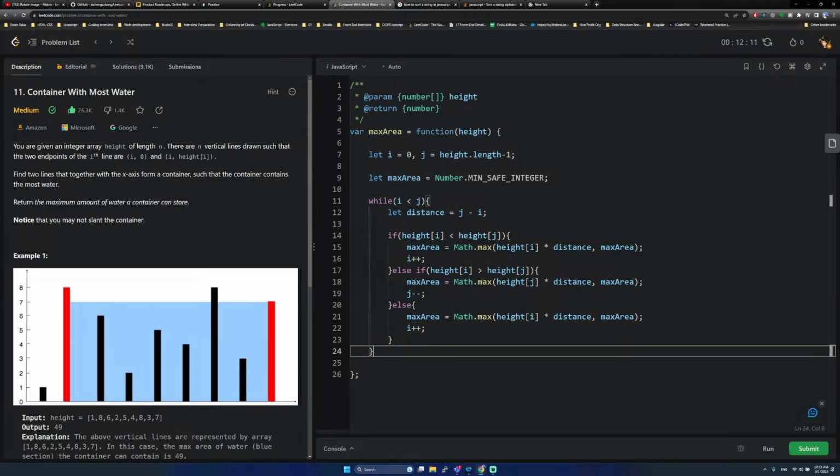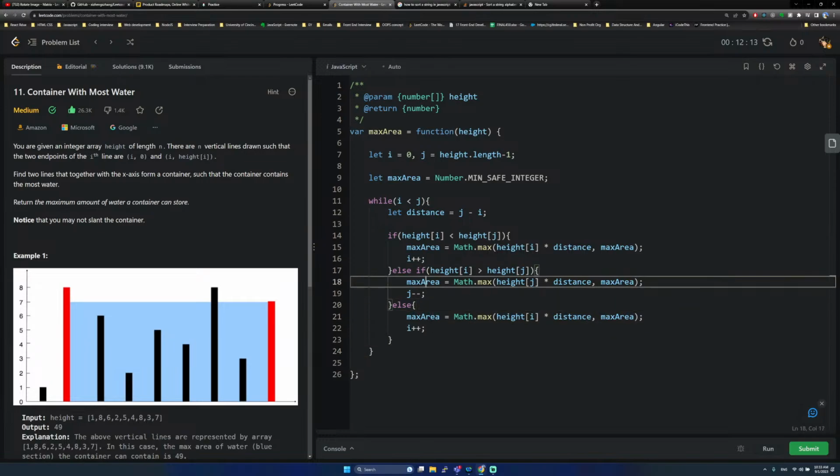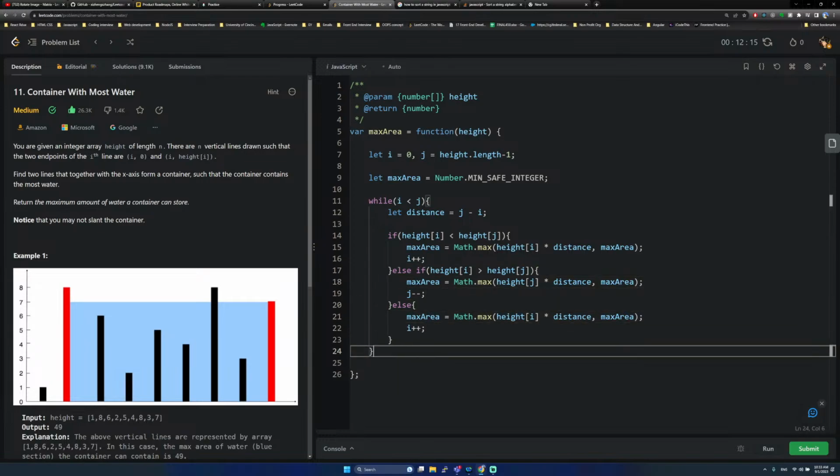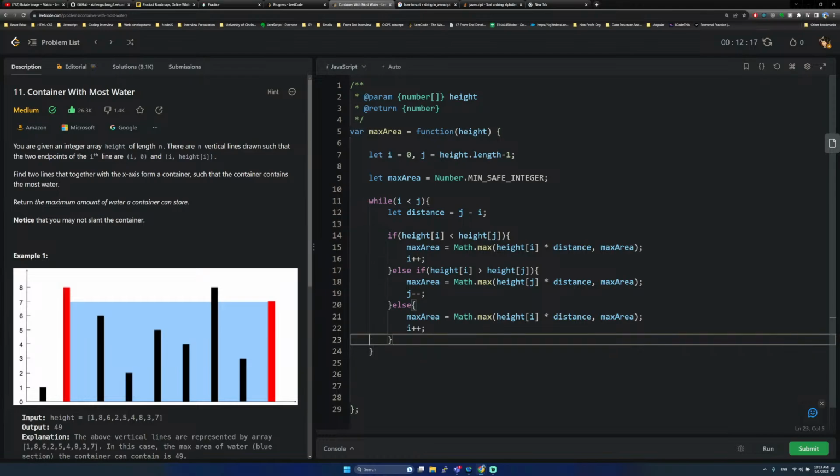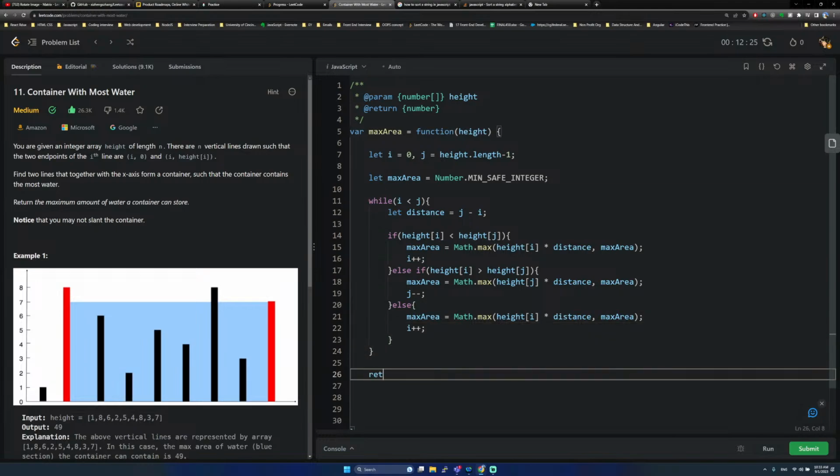So this gives us a pretty okay solution. We'll return max area.